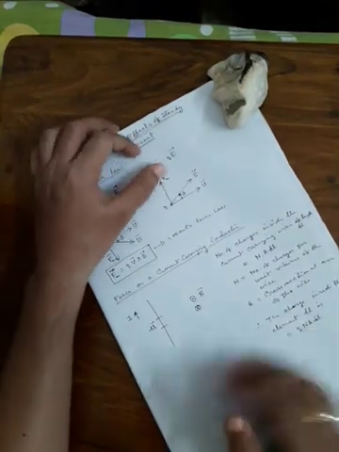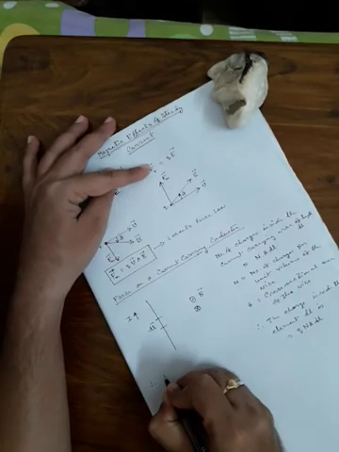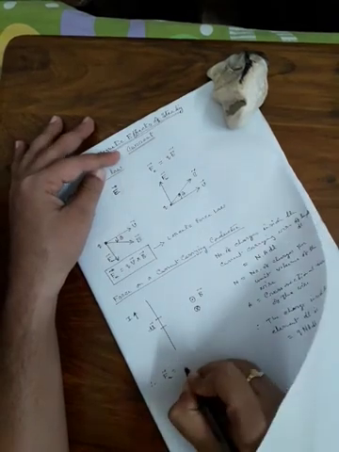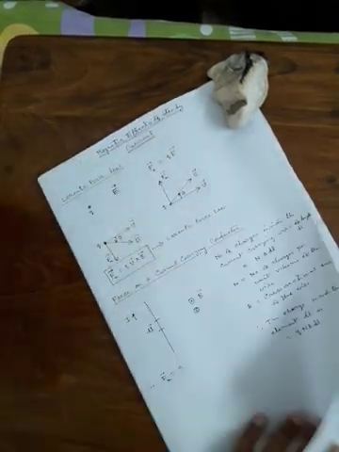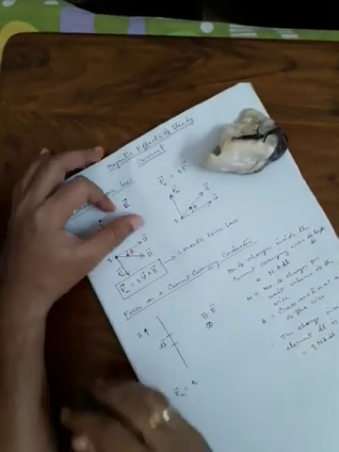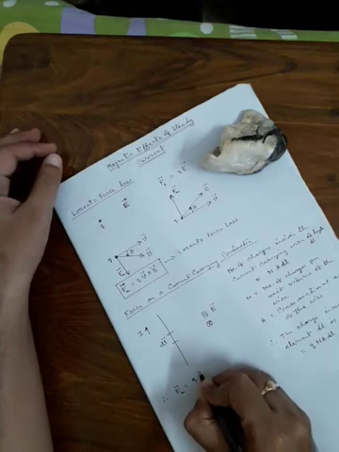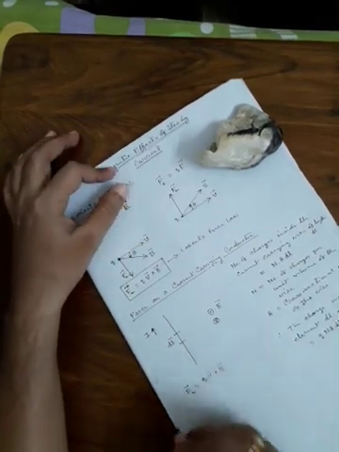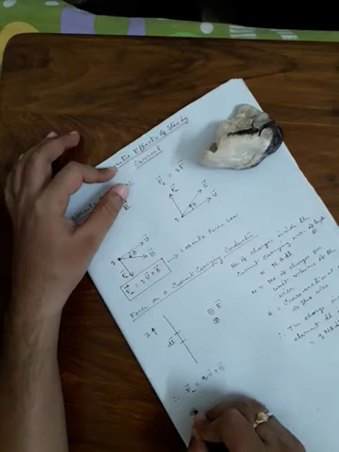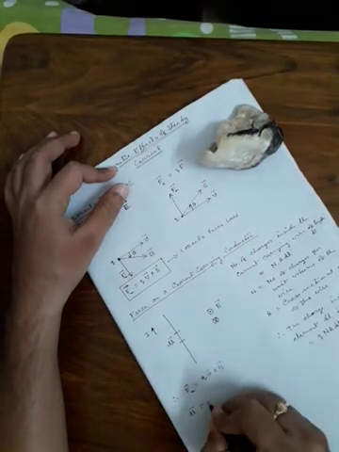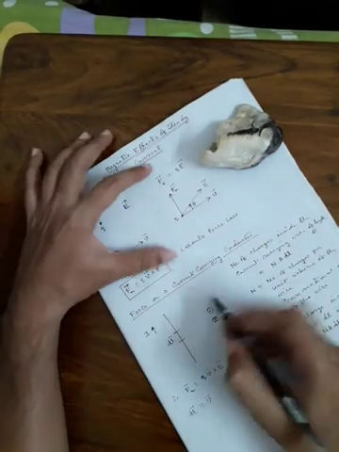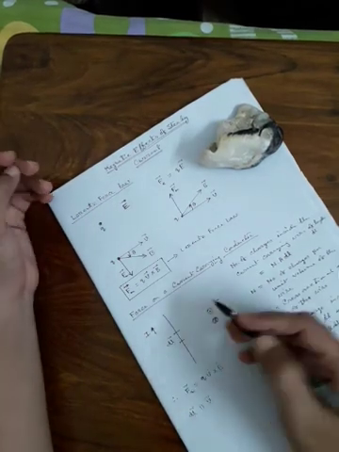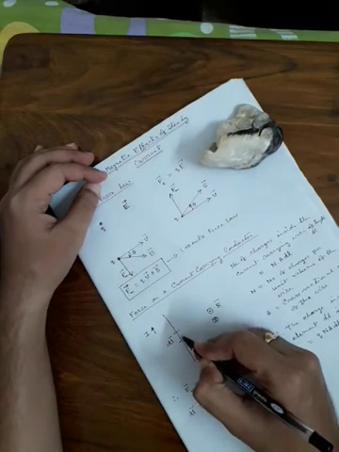Now, according to the Lorentz force law, from the previous equation, Fm is equal to Q V cross B. Here, this element dl is parallel to the velocity of the charge, since the charge is moving in this direction, the direction of the current, and we have considered this element in the same direction.